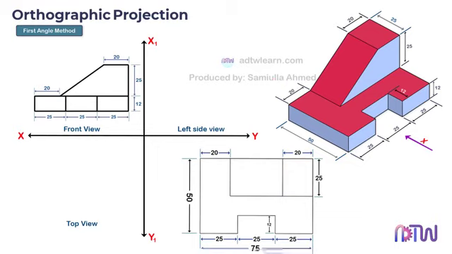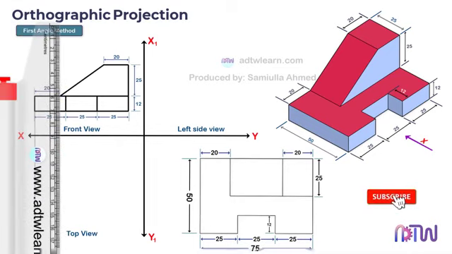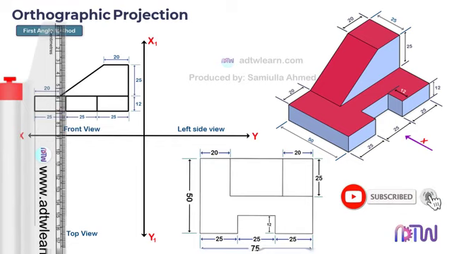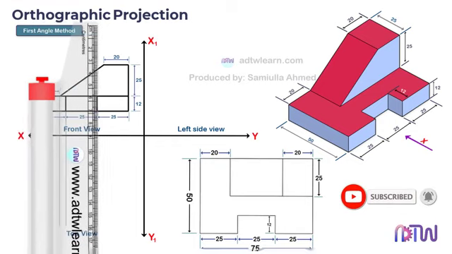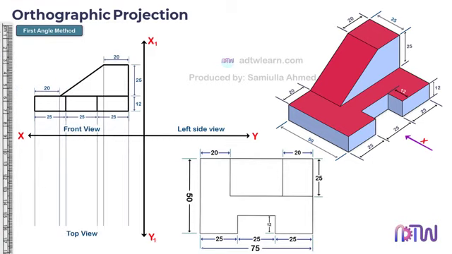We will draw the projection lines from the front view. Take a ruler and draw the projection lines as shown. After this, we can use these reference lines to draw the top view.